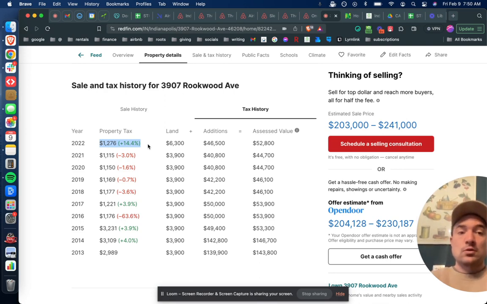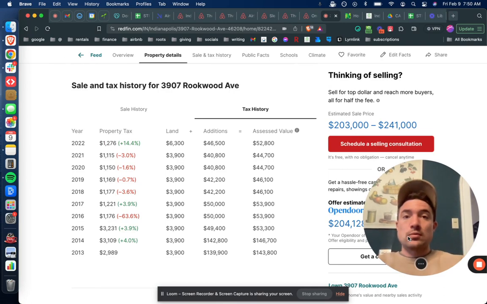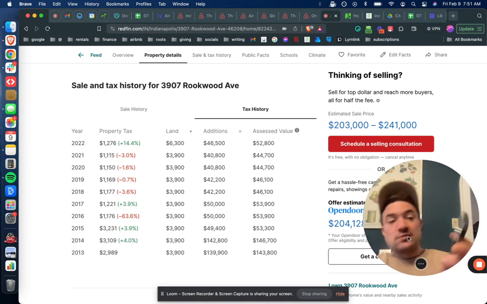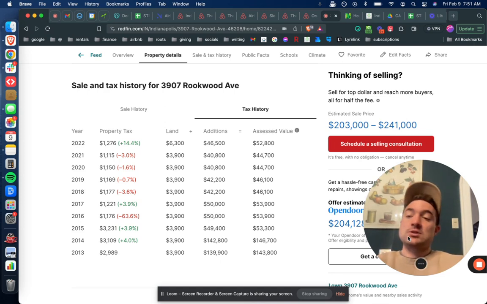That is still quite low because in Indianapolis, a standard property tax is from 2 to 2.5% of the assessed value, which the assessed value follows the sales value. So that would tell me that at 260,000, I'm doing my math here, my calculator, 0.025 would be 6,500 in taxes, which is considerably higher than this tax.